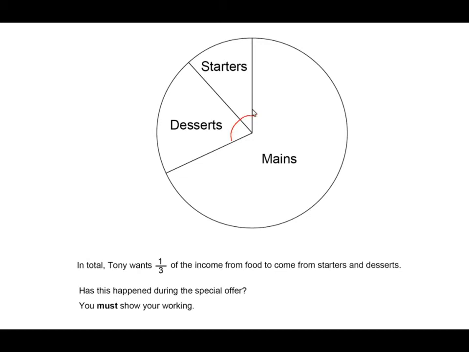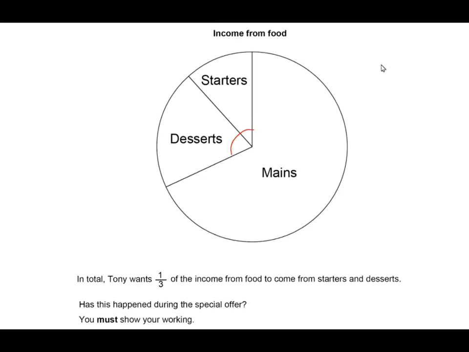So we need to get out our protractor and measure this angle. So using your protractor, you measure this angle, and I have roughly 115 degrees for this angle here. Now, 1/3 of the total income means 1/3 of the 360 degrees. You can use your calculator for this if you want to.